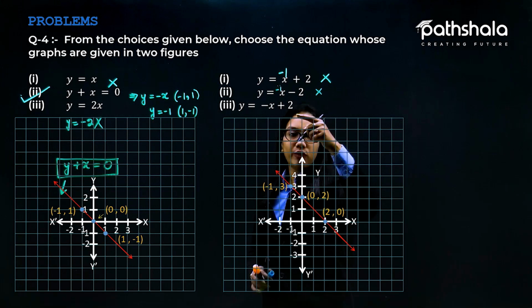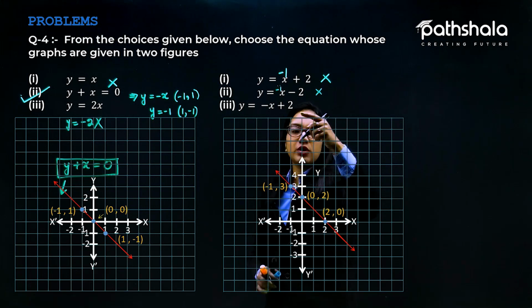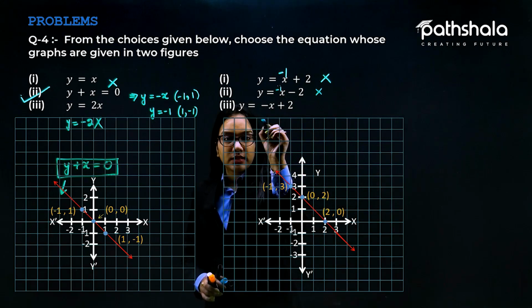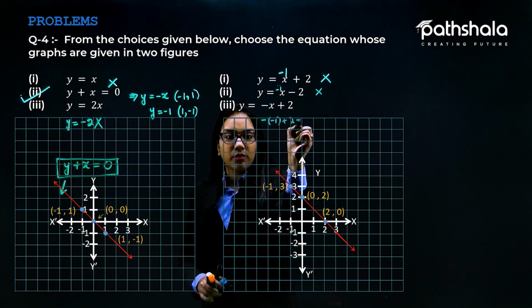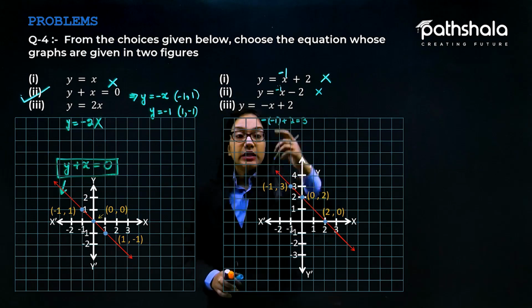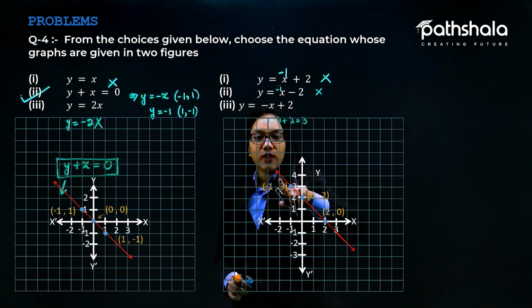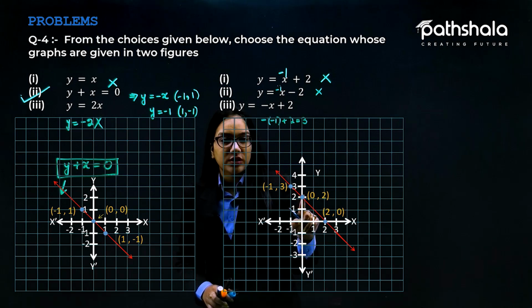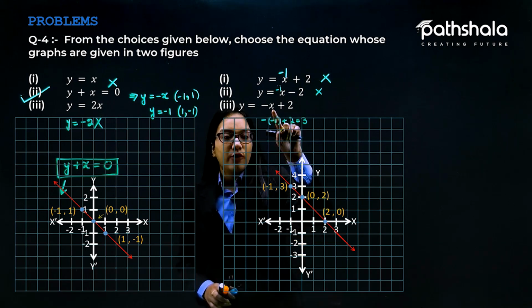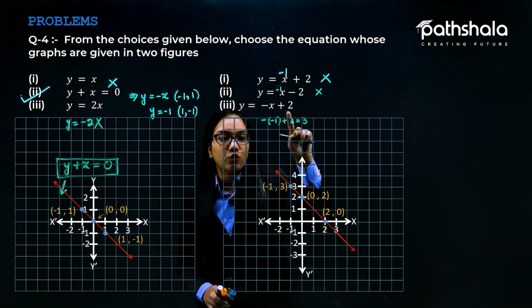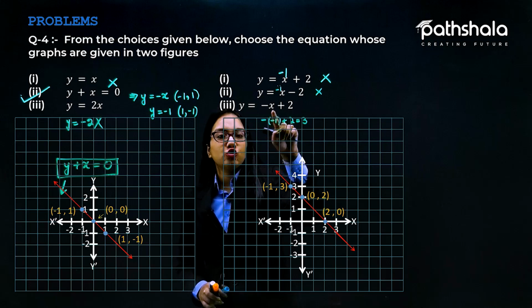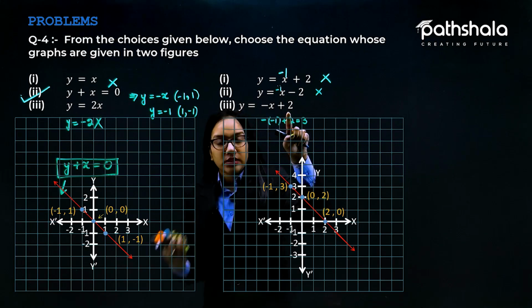Now let's move on further towards the third equation. Y is minus x plus 2. If x is minus 1, then minus of minus 1 is plus 1, plus 2, which is equal to 3. So this equation is satisfying this very first point. Again, this equation will satisfy 0, 2. Let's substitute x as 0 over here. For x being 0, we are getting y as 2. Further, if x is 2, then minus 2 plus 2, y is coming out to be 0.